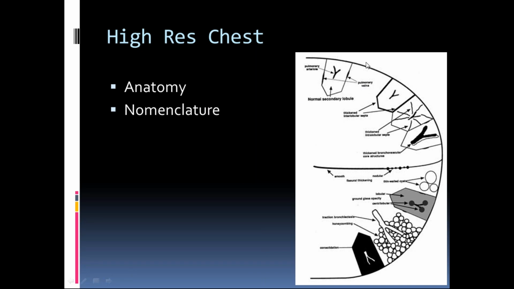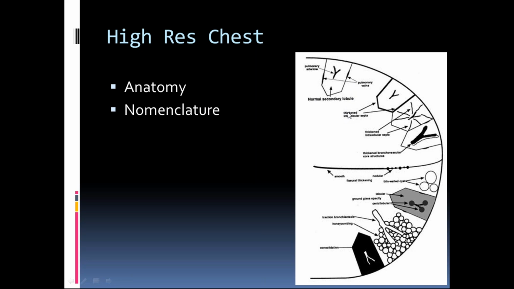We're going to come back to this on a couple of different things, and you'll find out what kind of pathology this comes into. If you get to know the appearance and the construction of the normal secondary lobule, you'll pretty much nail down a lot of high-res chest.